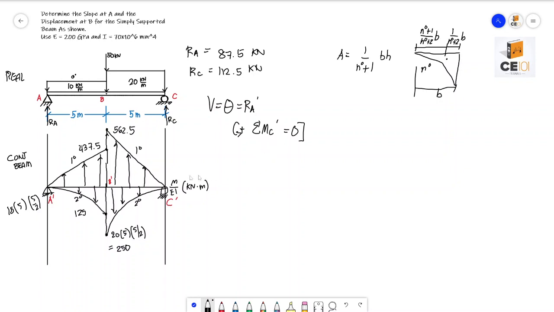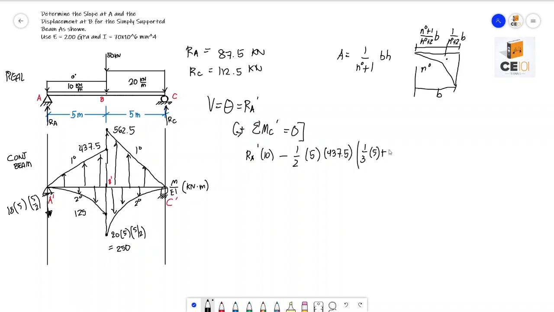So, unahin muna natin yung paka-triangle para madali. So, kunin muna natin. So, establish pala natin. Assume muna tayo ng direction. So, kunwari, pababa yung RA prime natin. So, pag pababa yan, RA prime times 10 plus or minus rather, kasi unahin natin itong taas, 1/2 times 5 times 437.5 times 1/3 ng 5.